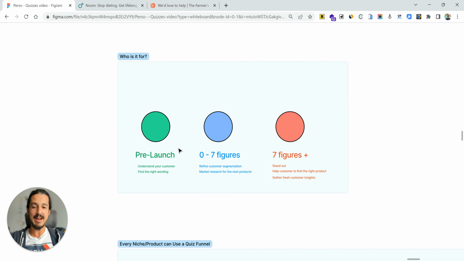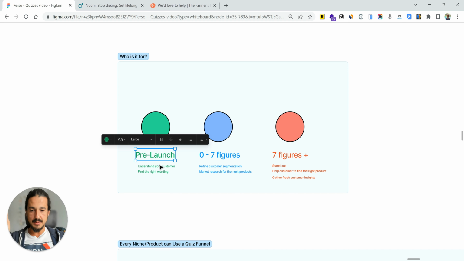Is it basically for every e-commerce company? But what is interesting is to think of what it is useful for depending on the stage of the company. If you are a pre-launch company, I definitely suggest you gather leads so you can create a launch, whether it's crowdfunding or on your own website.